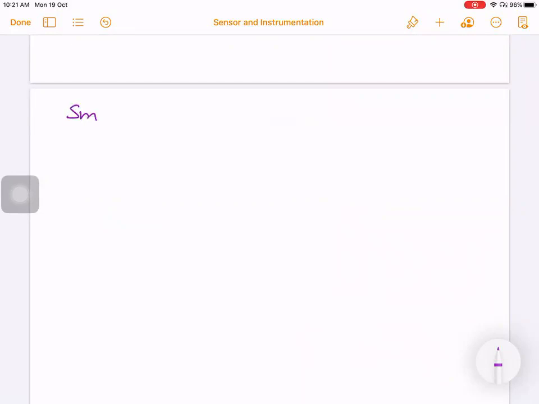The next application is smart toys. Most of you are using them right now.